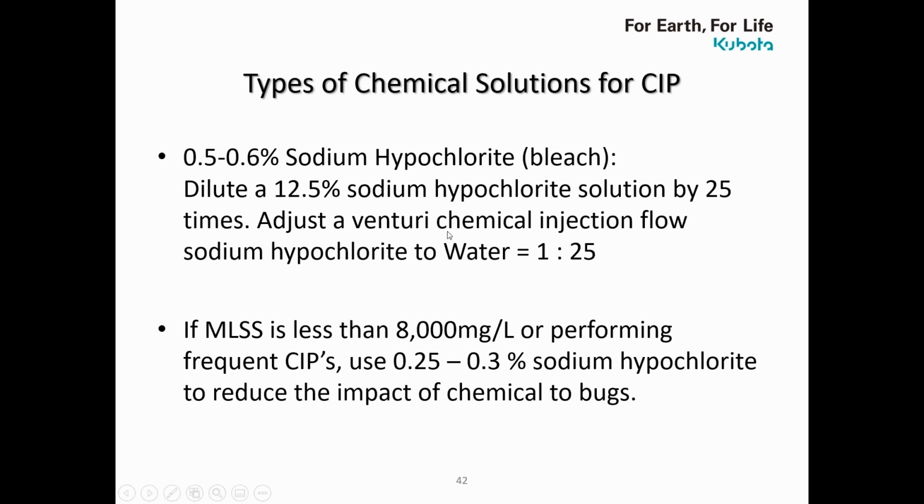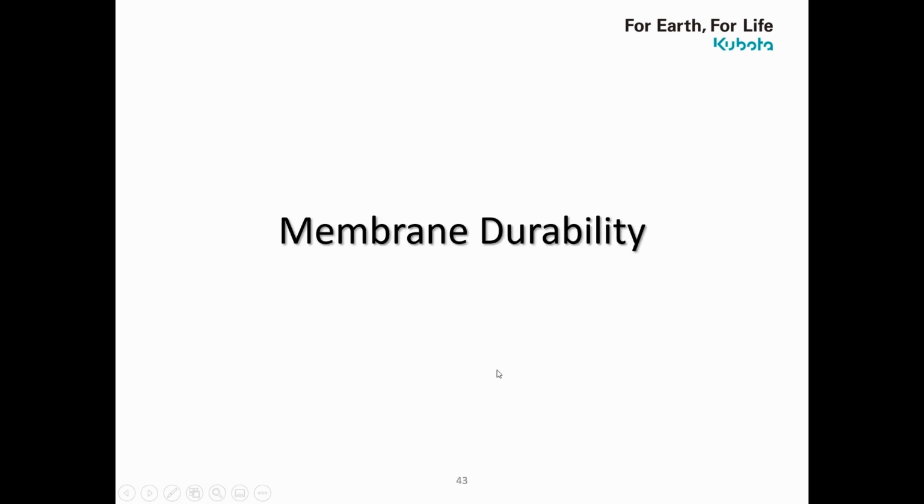Some plants do 20 times dilution instead of 25. That's okay. It makes it somewhere like 0.6, a little bit higher. And if you want to do 0.25%, you need to dilute with water 50 times. So that's the CIP system.